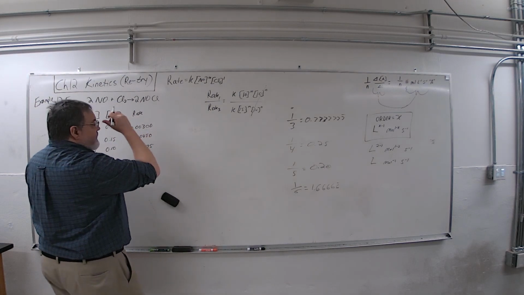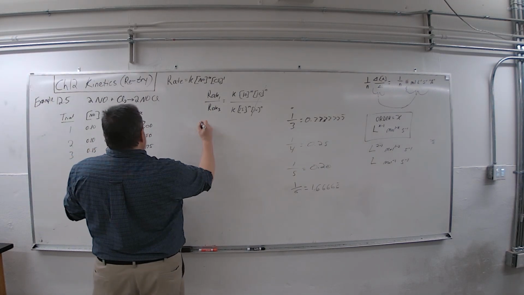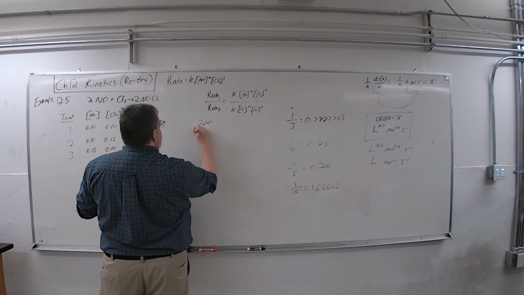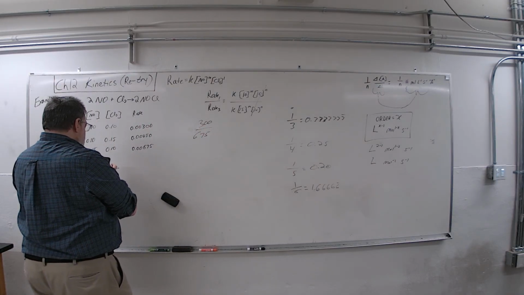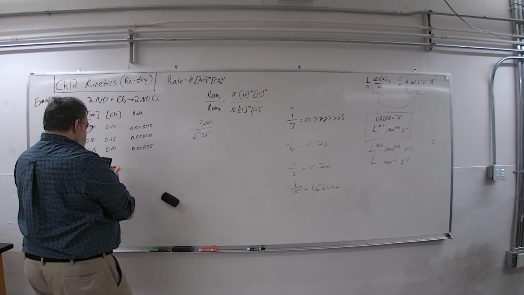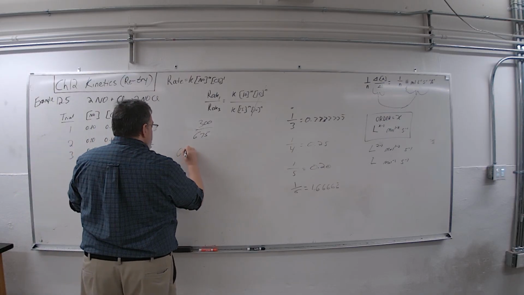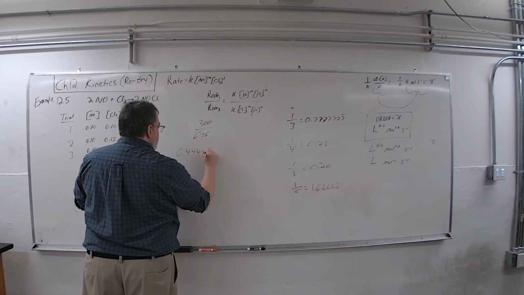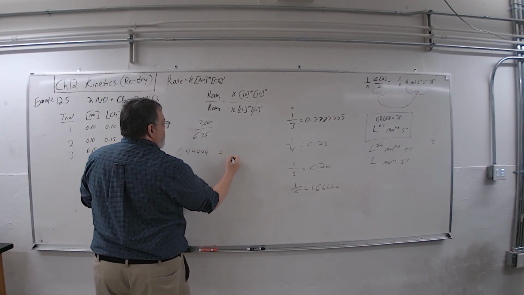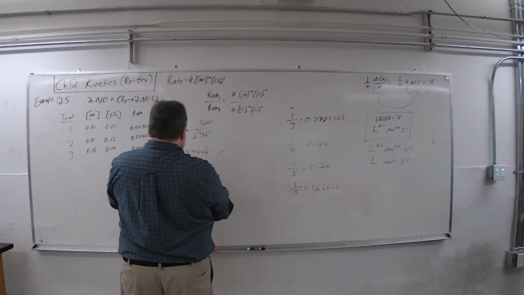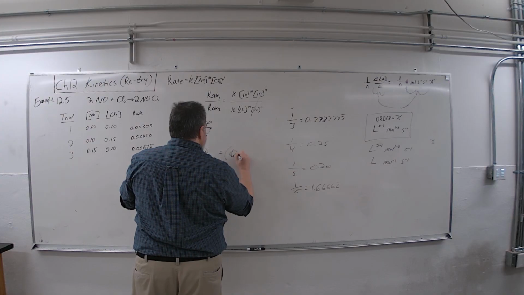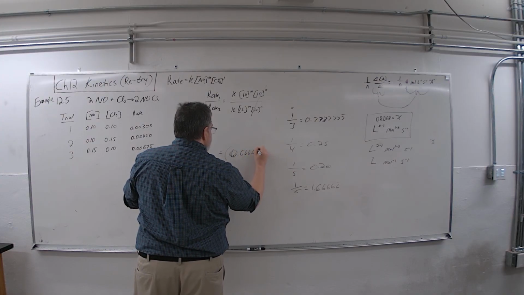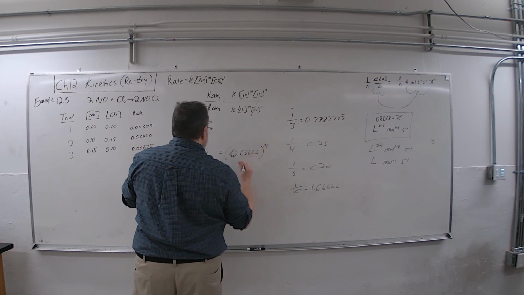Instead of factoring it, we do it in the calculator. This one was 300 over 675. Is 0.444444. And then the 10 over 15 is 0.66666.